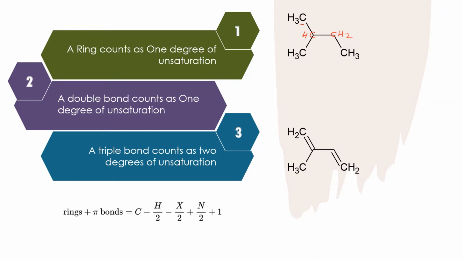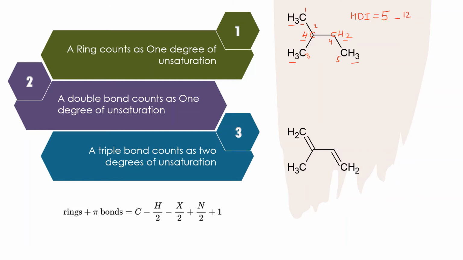Now as per this formula, HDI is equal to number of carbons. How many carbons are there? 1, 2, 3, 4, 5. So 5 carbons minus number of hydrogens divided by 2. How many hydrogens? There are 12.